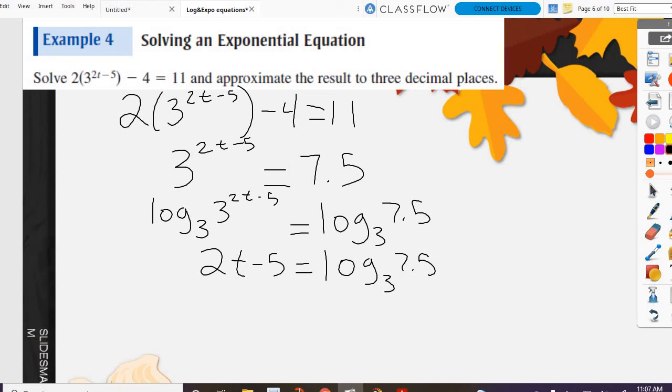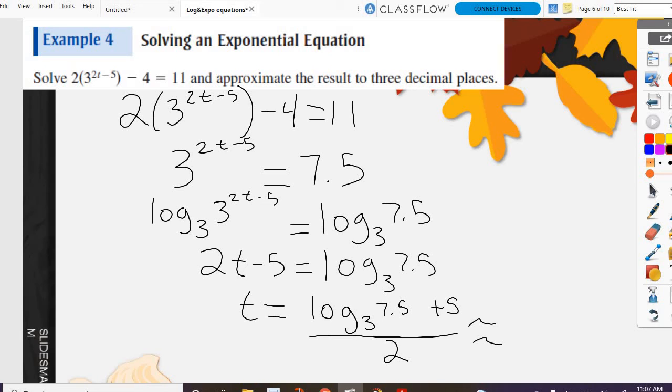So leave your answer exact for as long as possible. So then I would have to add 5 and divide everything by 2. And then we get to plug all of that into our calculator to get a decimal approximation. So what do we get? 3.417.